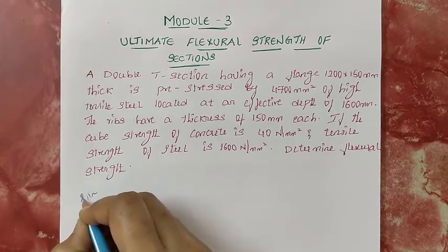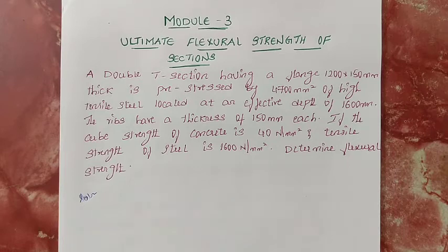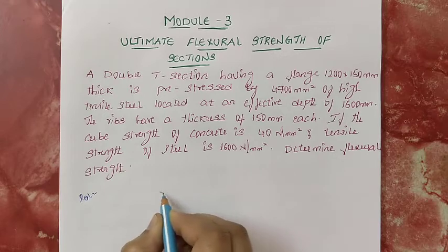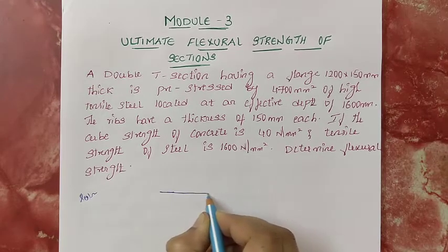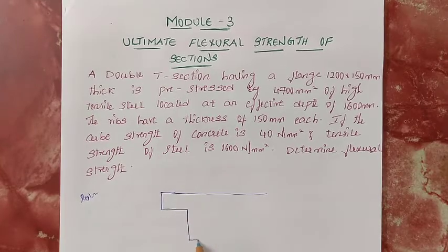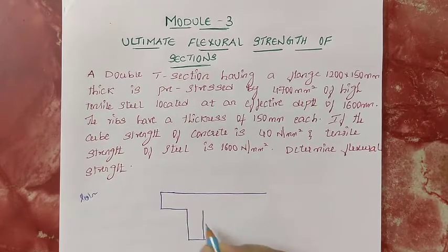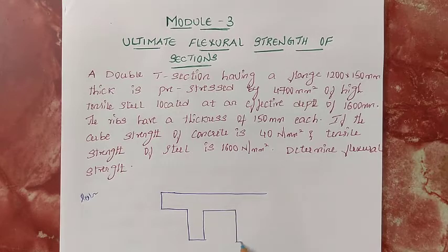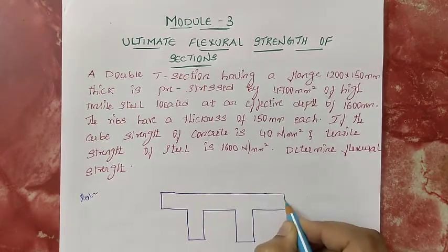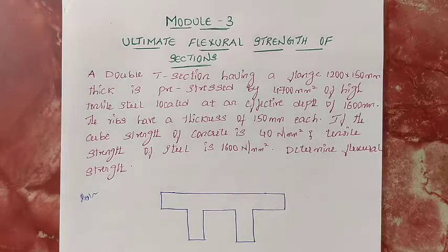First, write down the given data. It's a double T section. I'm going to write down the cross section of that double T section. See, this is the double T section.